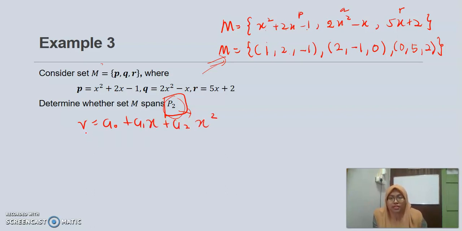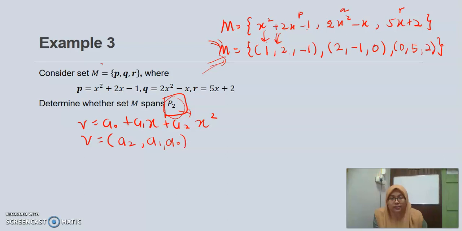Okay. So that means the vector space, because I write M in coefficient form like this, so the V is just a2, because I start with x squared here, so a2, a1, and then a0.